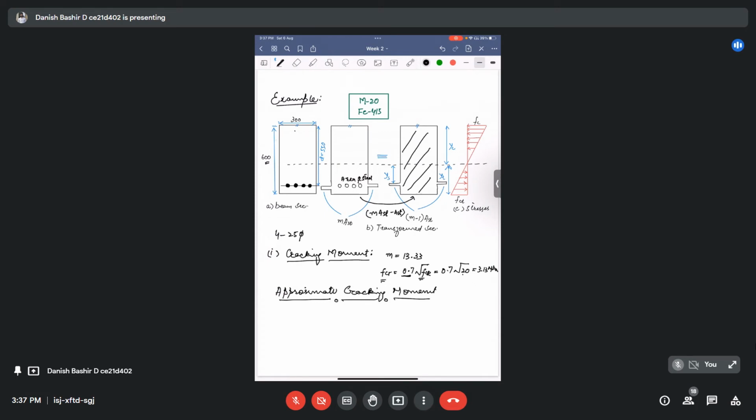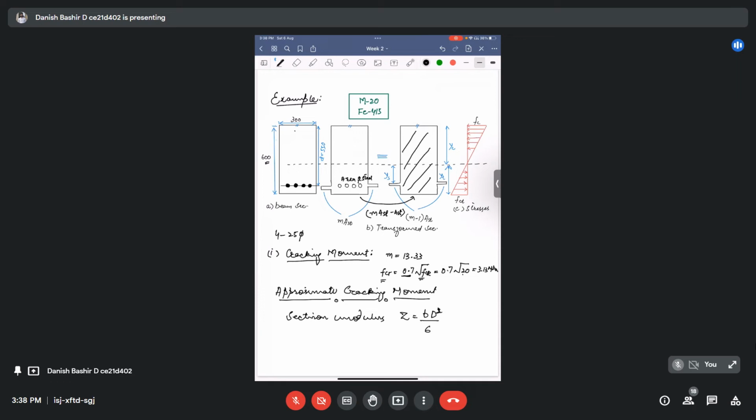Approximate cracking moment is if I do not use the transformed second moment of inertia, I use the gross cross section. For that, first I have to calculate the section modulus. I know for this rectangular cross section, the section modulus is given by BD squared, gross depth whole square, divided by 6.